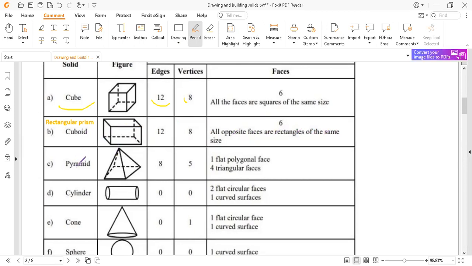With a pyramid, the lateral faces are triangles, and they are joined at one vertex. So we have one flat polygonal face, which is the bottom face, and triangular faces.